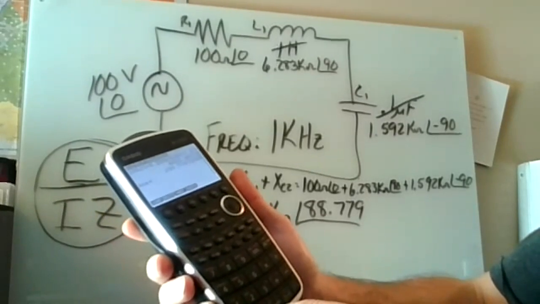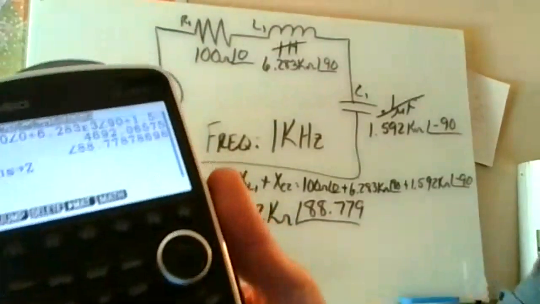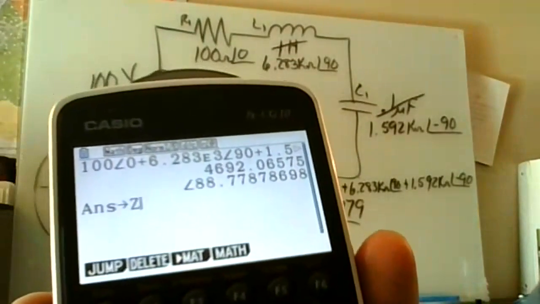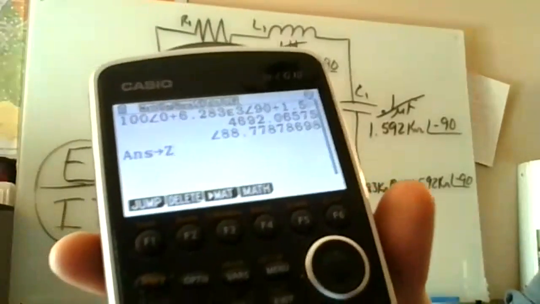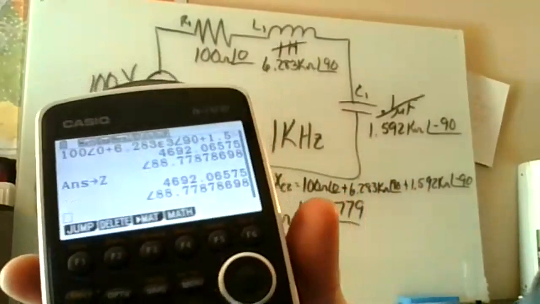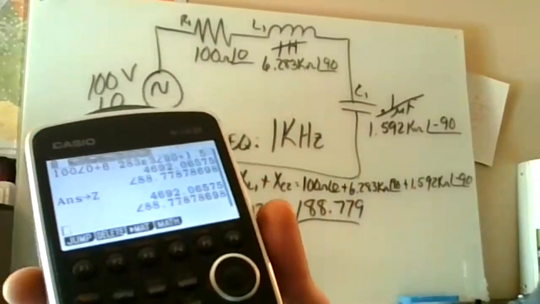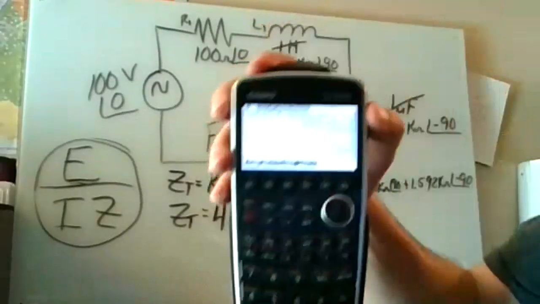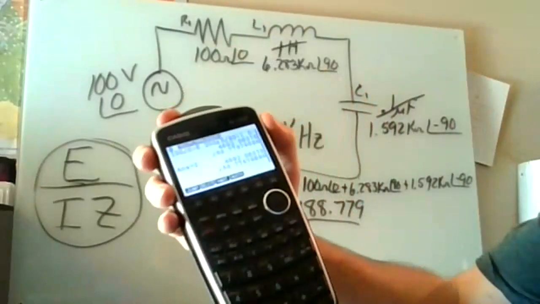There should be a Z on there. It is, so it says like mine, answer with the arrow and then the Z, and then hit your execute button, and it's going to put it in there. What you just did is you just stored your Z total in the Z button on your calculator.